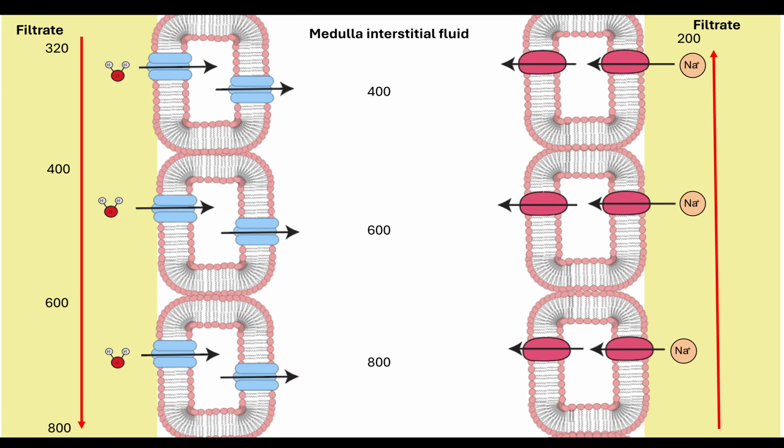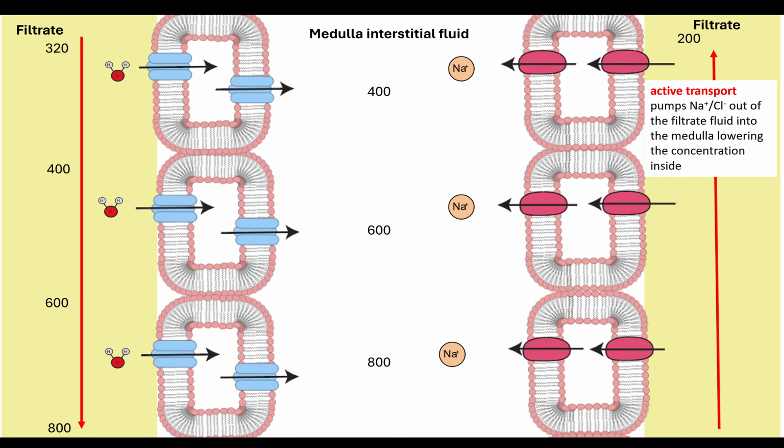So we're going to start on the ascending limb, and to know how this all works, what we need to understand is that as the filtrate is making its way up the ascending limb, sodium ions are going to be actively pumped by active transport. They're going against their concentration gradient, so they're going to be actively pumped into the medulla.